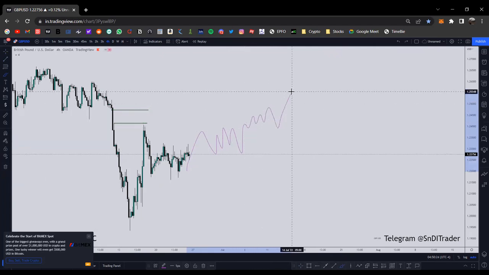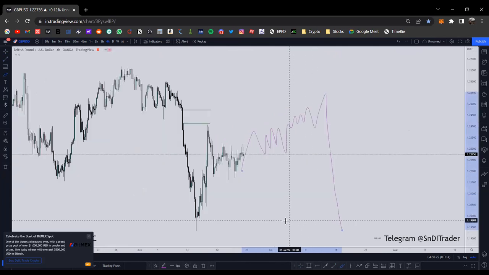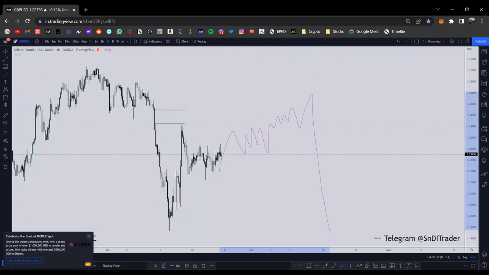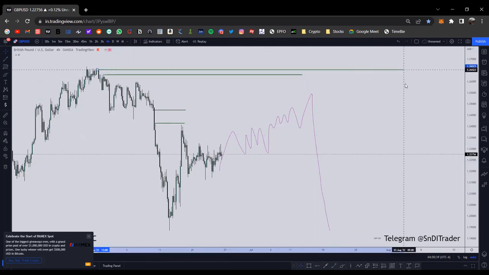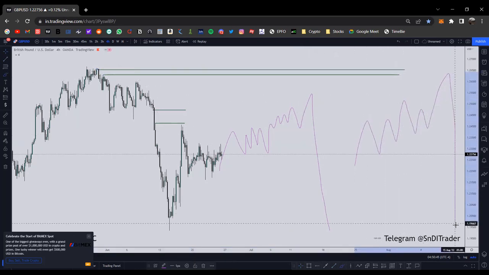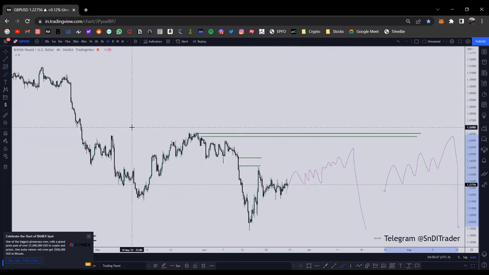It might mitigate some sort of bearish order block and can give a nice sell move again towards the downside. And you can see we have some sort of fair value gap left in here as well. It might fill this fair value gap as well, and can give a retracement towards the downside as well.